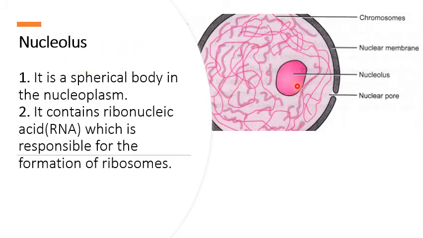It is a spherical body that is present inside the nucleoplasm. It contains RNA, that is ribonucleic acid, which is responsible for the formation of ribosomes. And what are these ribosomes? They are cell organelles that help in the synthesis of proteins.